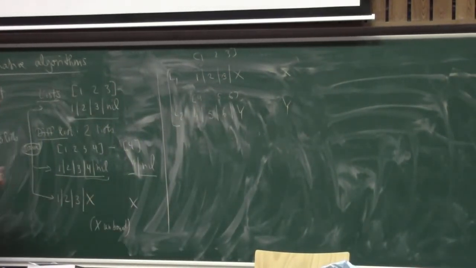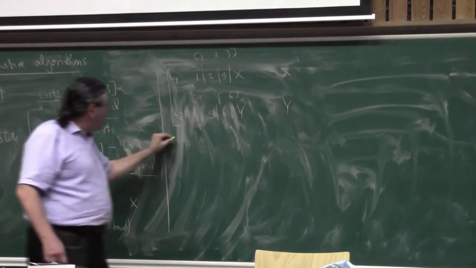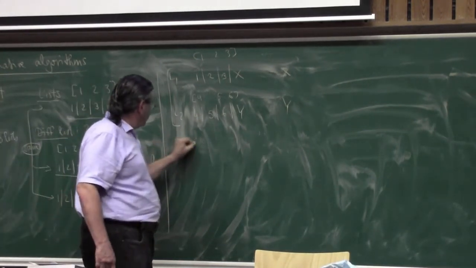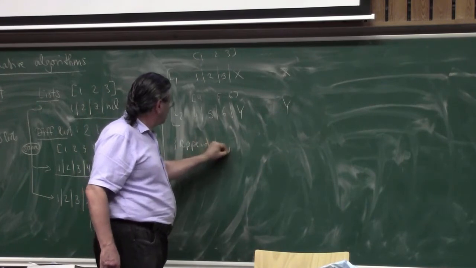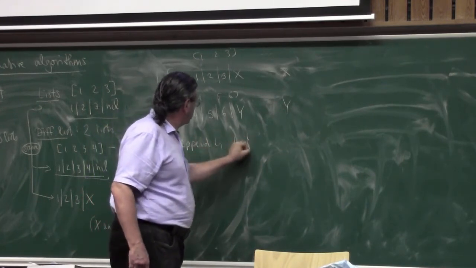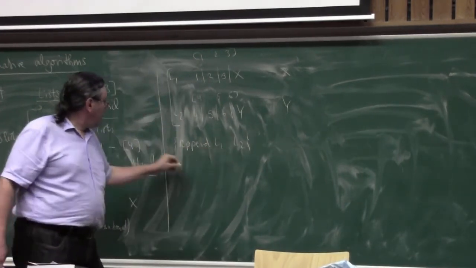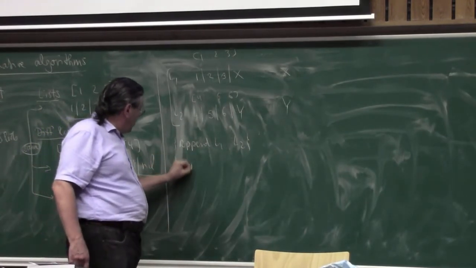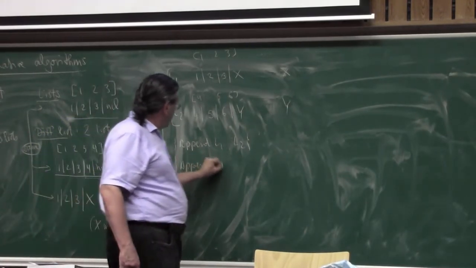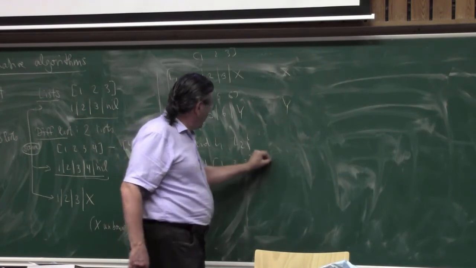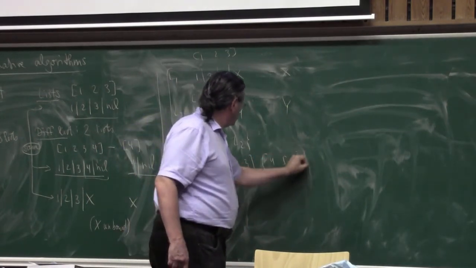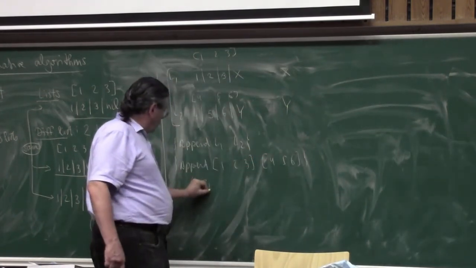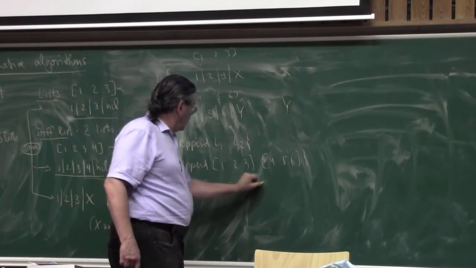Let's say we want to append L1 and L2. We can do append 1, 2, 3 and 4, 5, 6, and this returns 1, 2, 3, 4, 5, 6. Okay, fine.